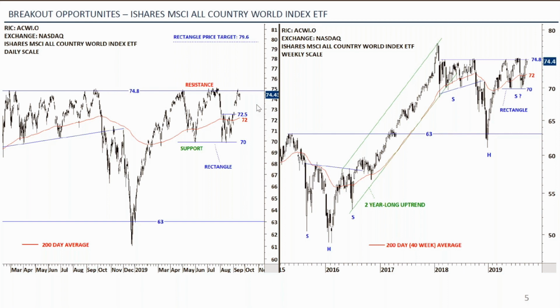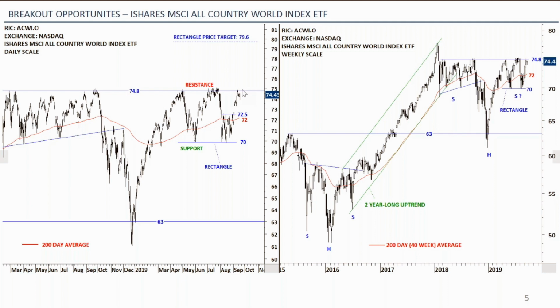What we're seeing here is, because we will be discussing in the reliable chart patterns, the rectangle, we're seeing a nice multi-month long rectangle forming here, right below the 74.8 resistance. So the lower boundary is at 70, 74.8 is the upper boundary, and today the market opened positive, so we might be challenging the upper boundary once again.